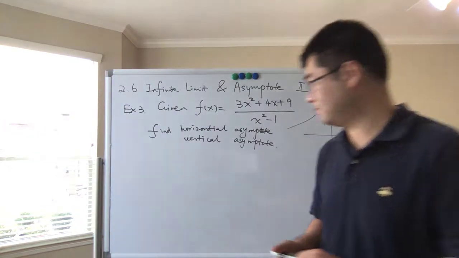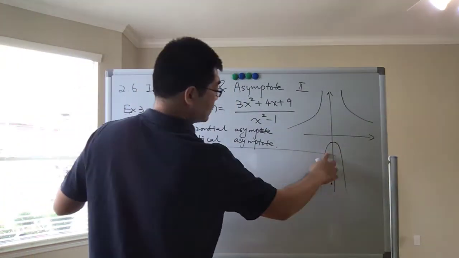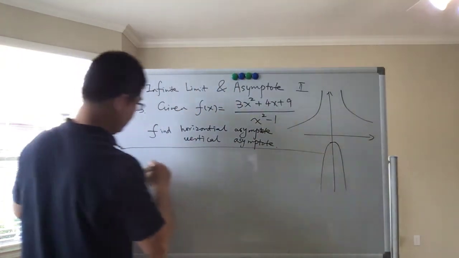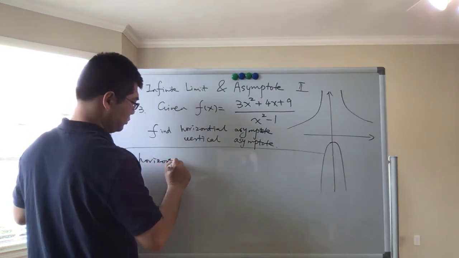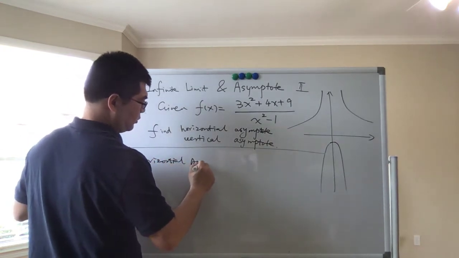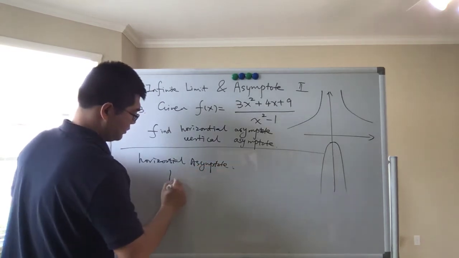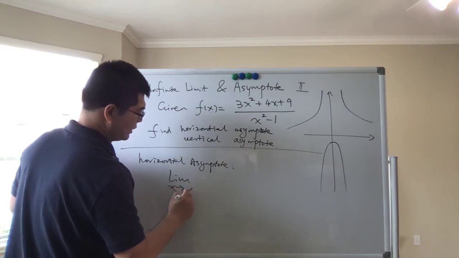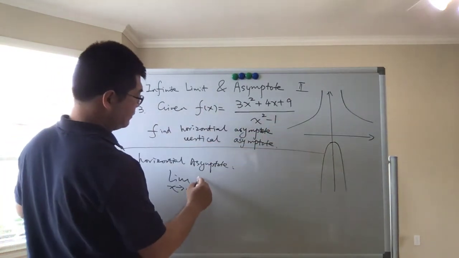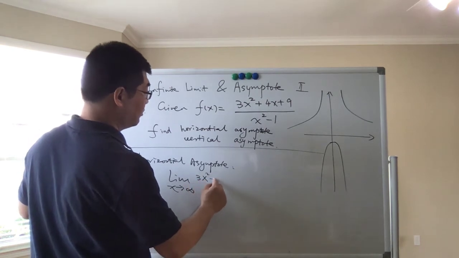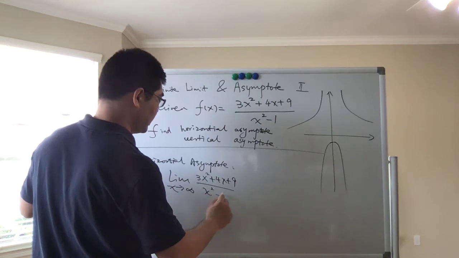As we discussed before, the horizontal asymptote is found by taking the limit as x goes to positive infinity or negative infinity for the given function. Okay, 3x squared plus 4x plus 9 over x squared minus 1.